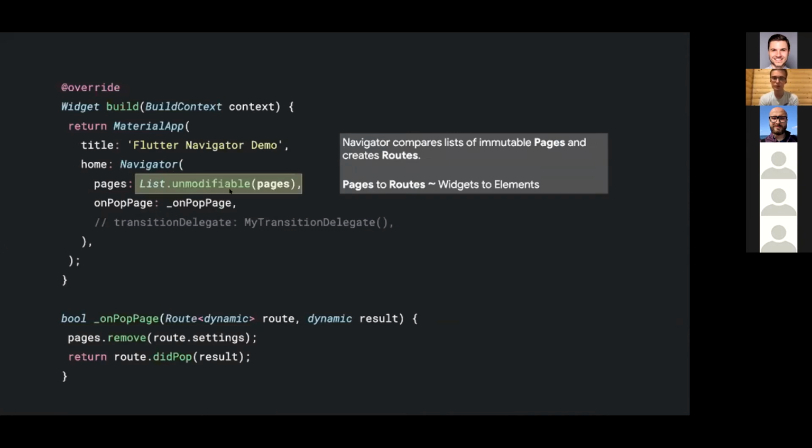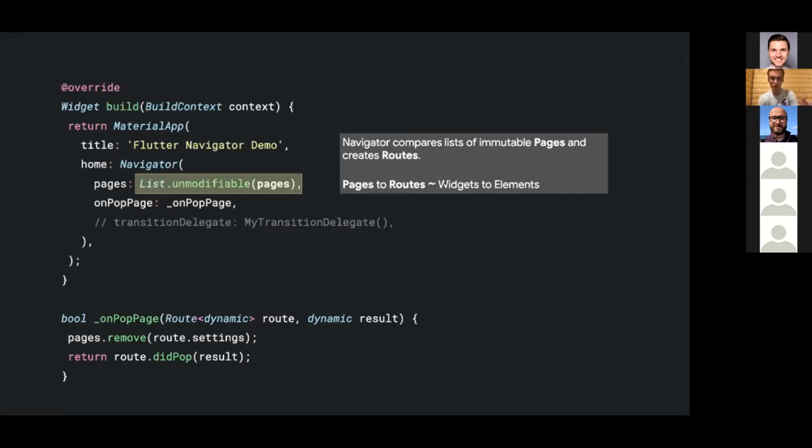Here you have the list of pages, and the navigator will compare this list from the previous build to the new one, and if there are some changes, then some logic will be run to determine if the stack of routes needs to be changed in some way. And you can compare pages to routes in a similar fashion as widgets are to elements.